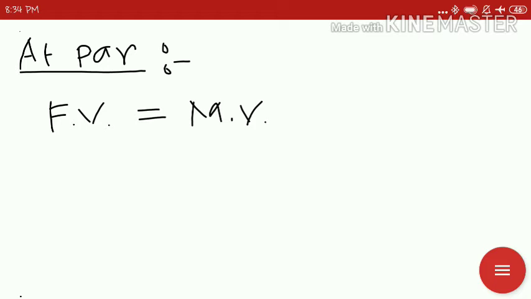Write face value and market value in full. So in at par, the face value and market value are the same. If the face value is given as rupees 100, then the market value will also be rupees 100.